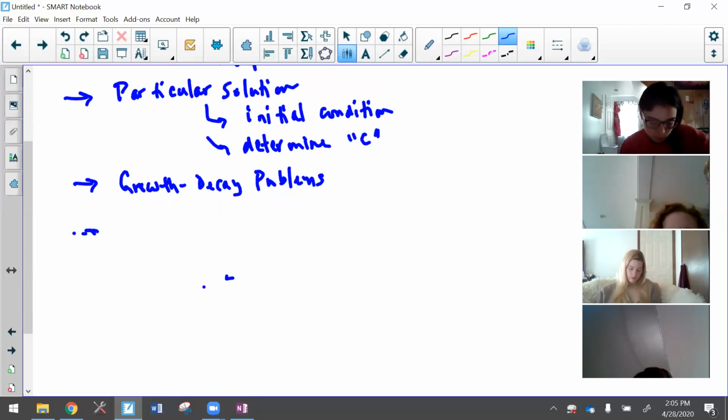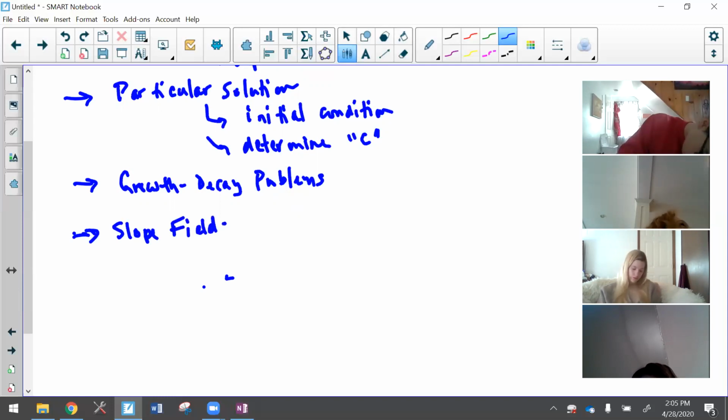And then another big application of this were slope fields, where you know what dy dx is equal to.